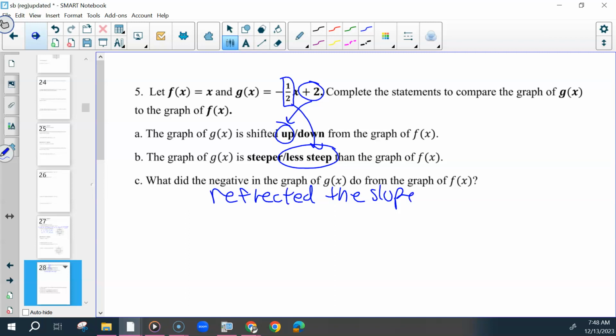So you need to have all 3 of those things in order to get the full point for that. You don't have to write all of that. You can just write up, less steep, reflected the slope.